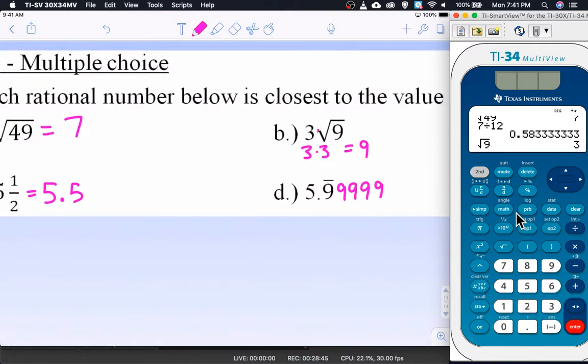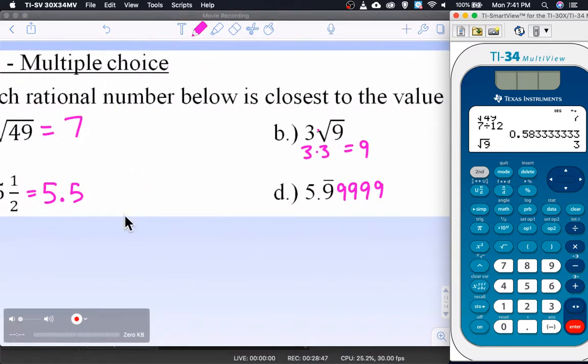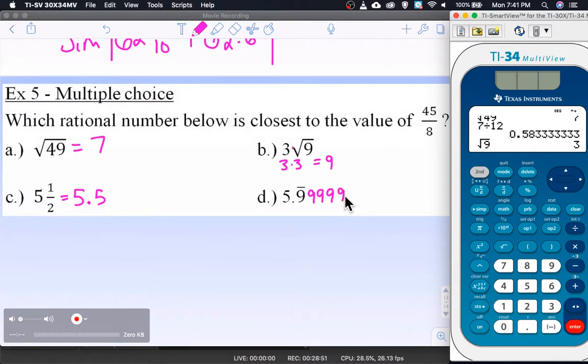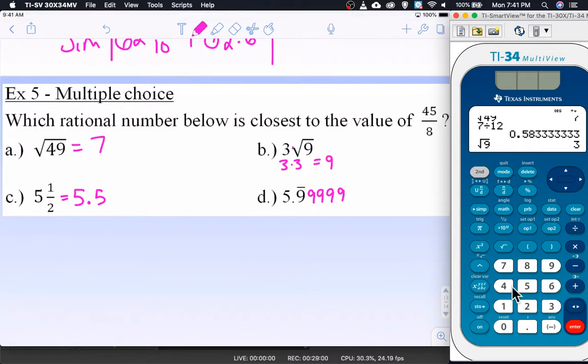Now these numbers are kind of all over the place. I've got a 7, a 9, a 5.5, a 5.99999. So we want to know which one is the closest to the value of this. I don't even know what this is yet. I should probably convert that too. 45 divided by 8, or fraction and then convert.